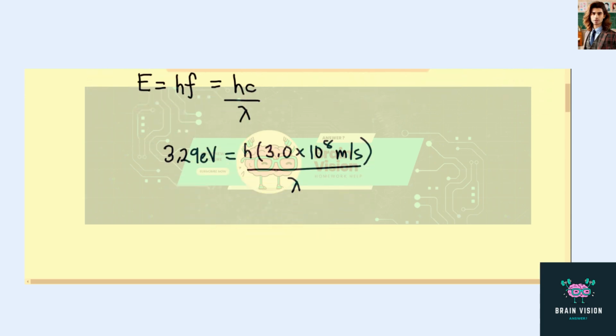Now, we do need to be careful here because our energy at this point should be in joules. In order to convert from eV to joules, we're going to multiply by 1.6 times 10 to the minus 19. So that gives 5.25 times 10 to the minus 19 joules equals all of this.